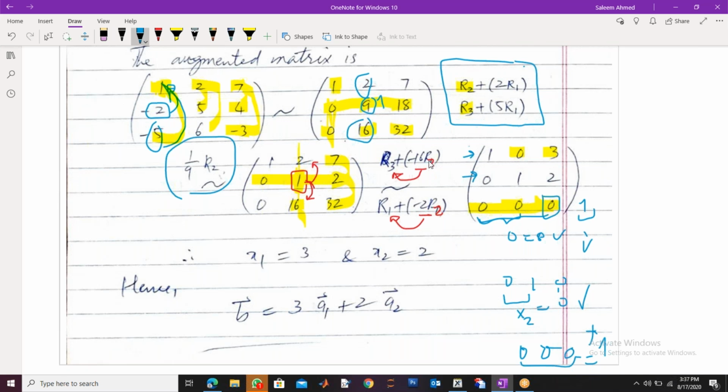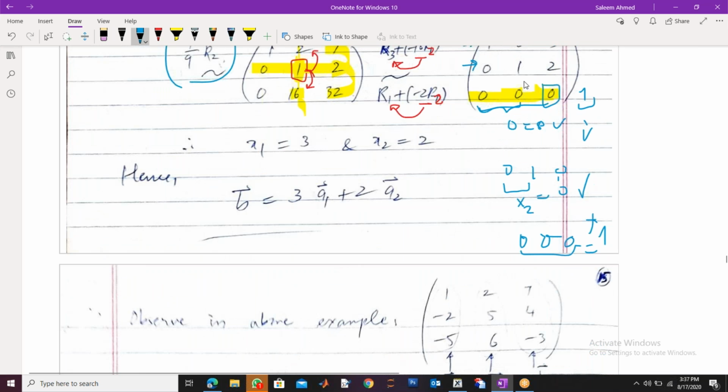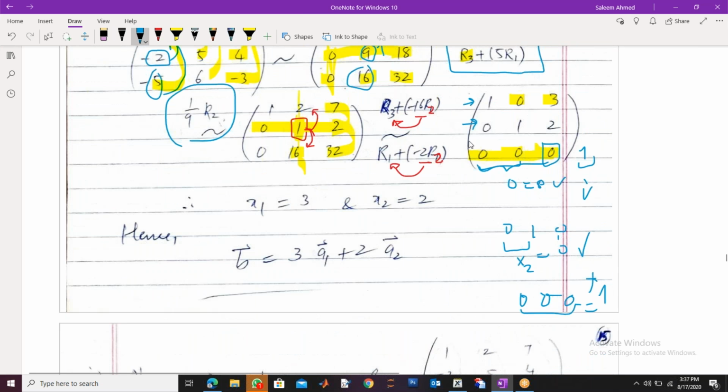All right, so now this is the row reduction.